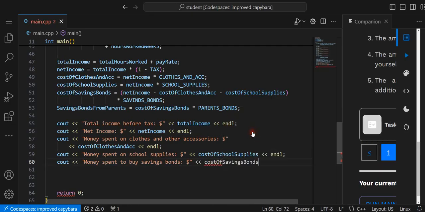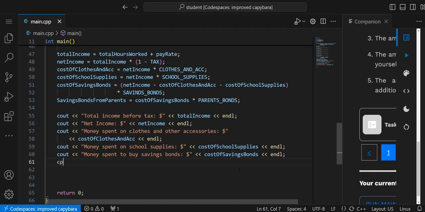Cost of savings bonds. Money spent by parents to buy additional savings bonds.